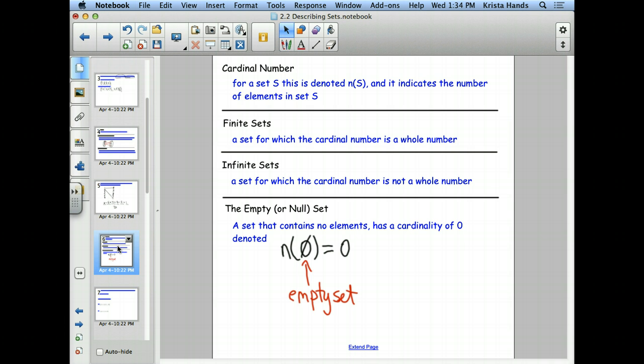When you have a 0 with that slash through it, it can mean a couple of things in mathematics, but it never means 0. Some of you got in the habit in high school of doing a slash through all your zeros. It's not good notation because it has a meaning that's not 0. It means either no solution in algebra sometimes, or it means this empty set, the set that contains nothing in set notation.